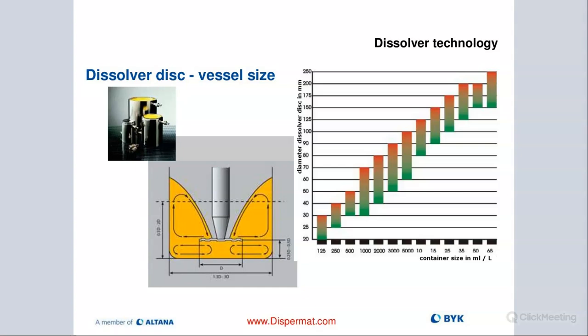So you can play around depending on what works for you and what doesn't, kind of dial in the right blade diameter. And we'll talk a little bit in a few slides about what we're looking for when we optimize our tip speed, 18 to 25 meters per second, and what we actually should be seeing if we have the right blade diameter to container size ratio.